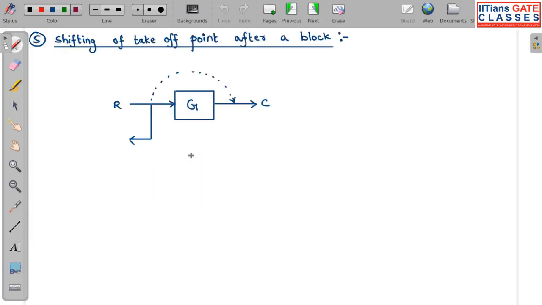Okay. Now the next is that you need to take a shifting point in front of a block. So look here. What is the output of this takeoff point?